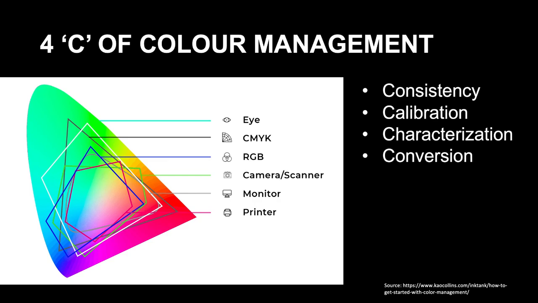Finally, color conversion is the process of moving color data from the color spaces of one device to the color spaces of another device. So for example, when you're moving from a camera profile into a monitor profile and then moving from a monitor profile into a printer profile, basically the color of those objects moves across to the next device.